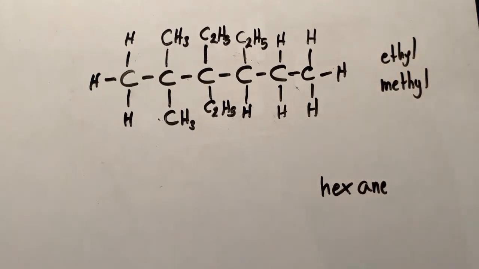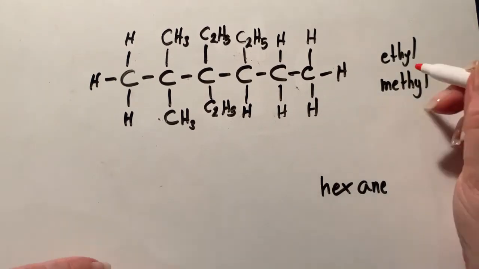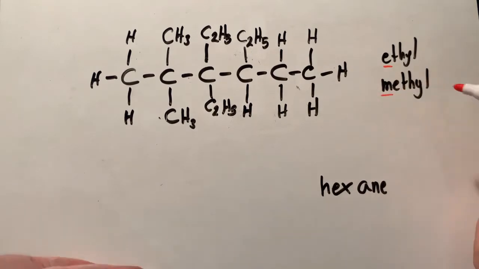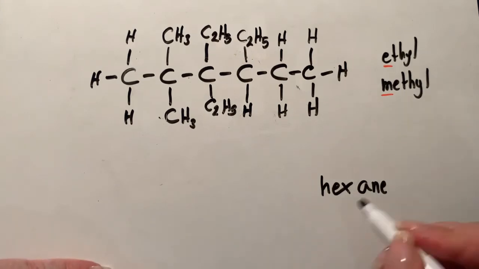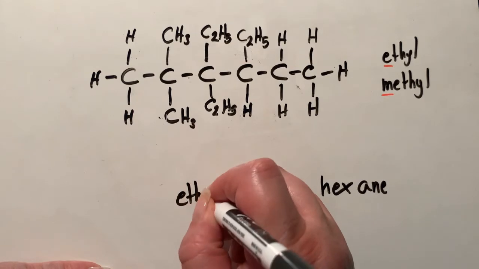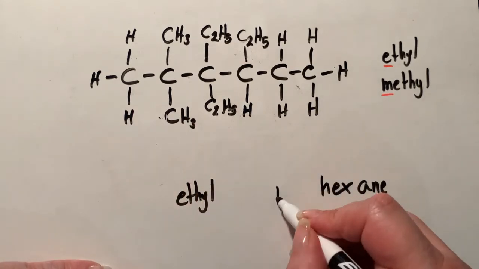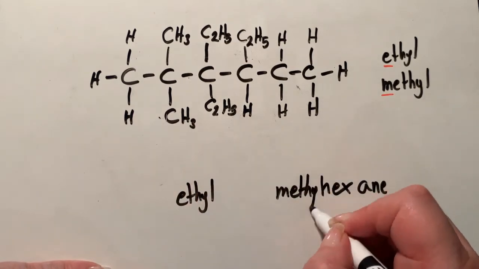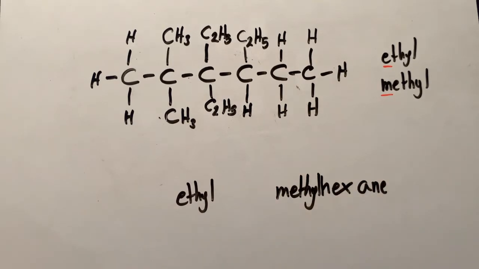So we're going to put them in alphabetical order based on the ethyls and the methyls, regardless of how many of each of them we've got. So our ethyl will go first, before our methyl. Then we need to see how many of each of them we've got.